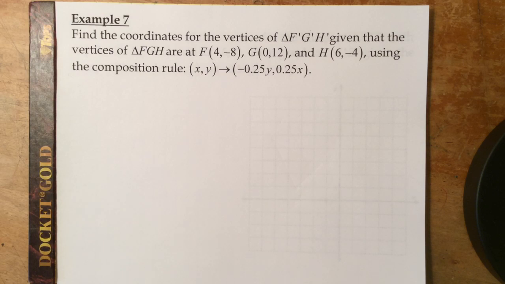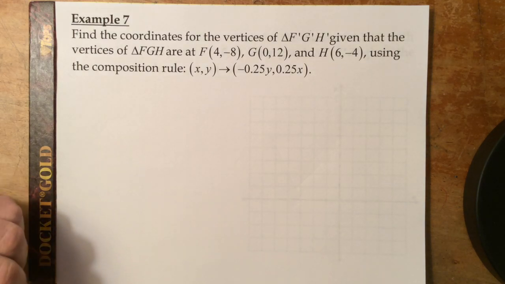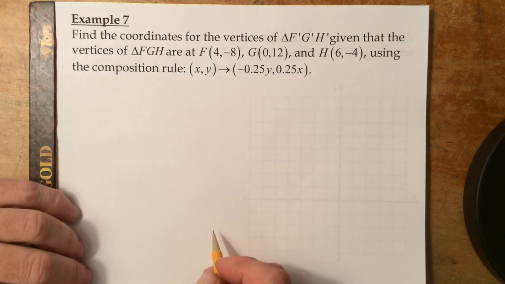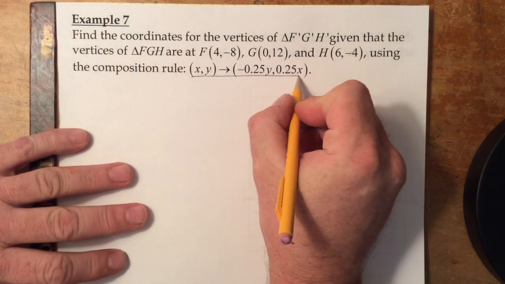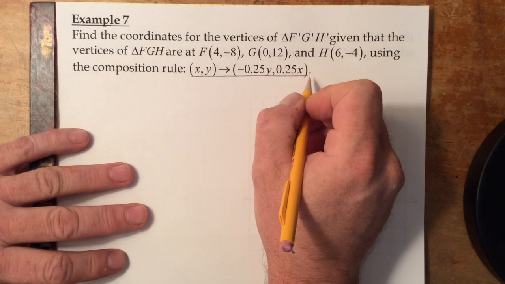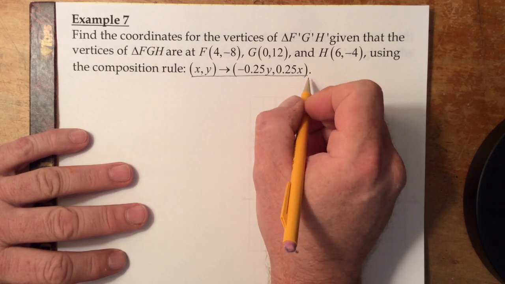Example 7. Find the coordinates for the vertices of triangle F prime, G prime, H prime, given that the vertices of triangle FGH are at F(4, -8), G(0, 12), and H(6, -4). Using the composition rule (x, y) such that (-0.25y, 0.25x).